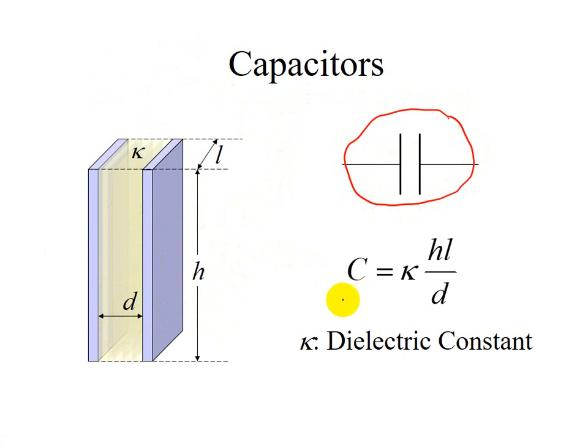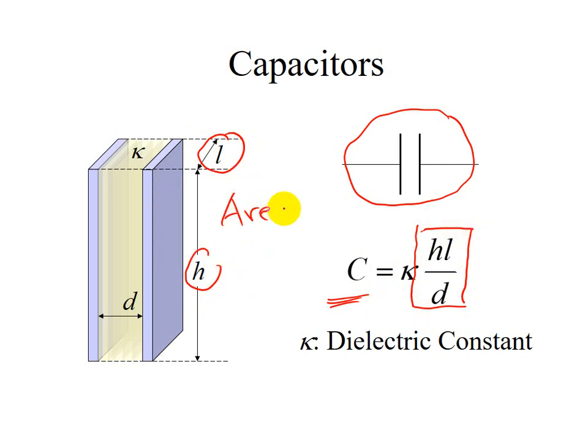The capacitance of a capacitor is equal to K times another term. Look at this term, HL over D. H is the height of the electrode, L is the width, so HL is the area of the electrode.